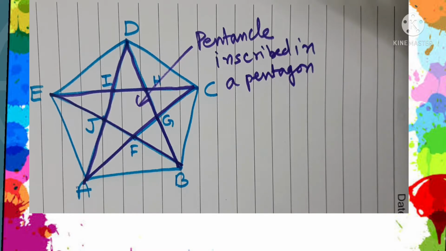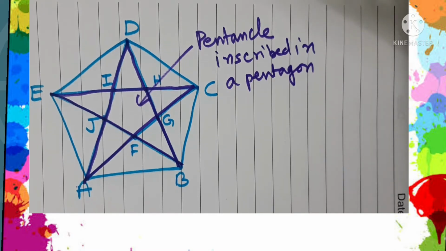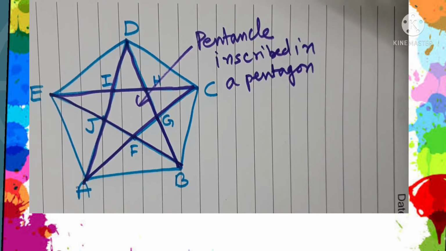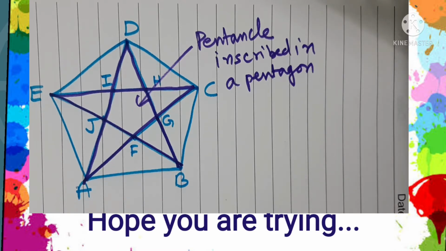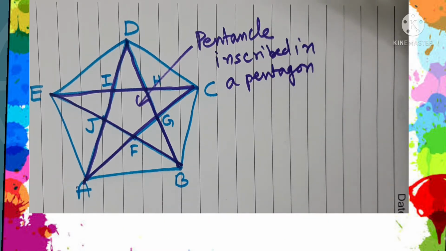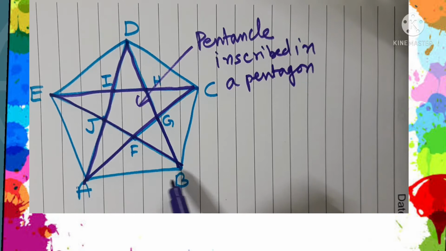So now we need to count how many triangles are there in this interesting shape. I hope you are trying. Okay, let us see how we count the triangles. First we observe the triangles in which AB, the side of the outer pentagon, is the base.